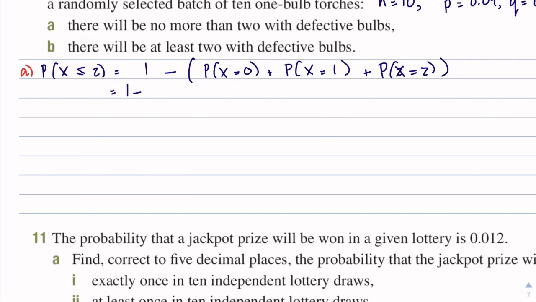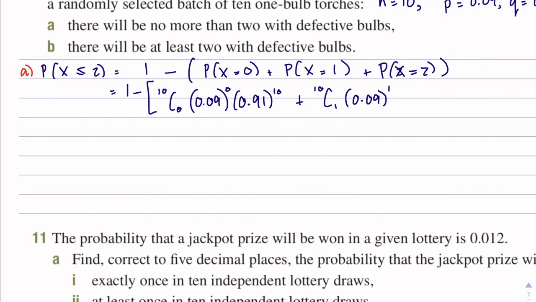So that's 1 minus the probability of having no defective bulbs, so 10C0, 0.09 no defective bulbs, 0.91 for the non-defective bulbs, and then we have 10C1, 0.09 where we have 1 defective bulb.